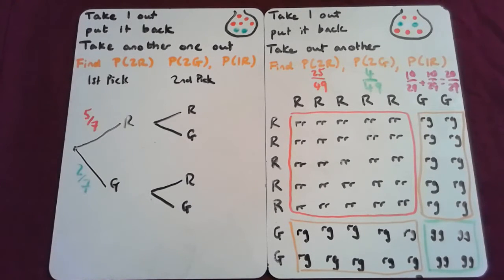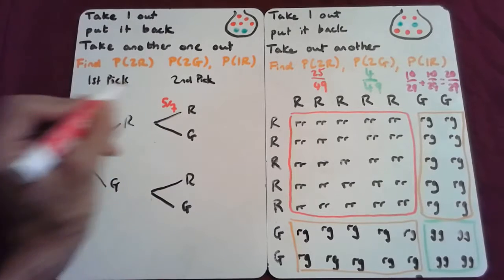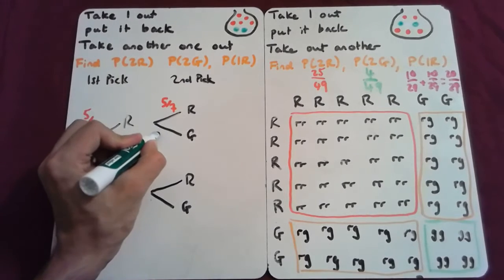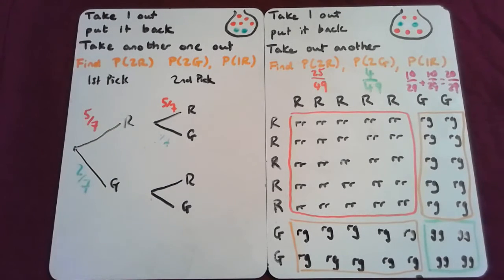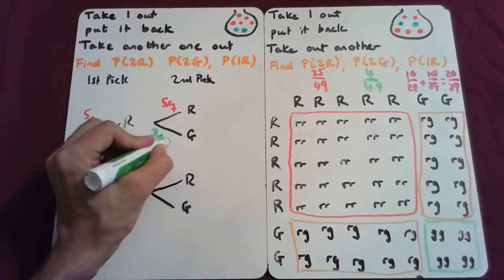Now we said the probability in this scenario of getting a red again is 5 out of 7, and for green it is 2 out of 7. So this probability over here, once again, is 2 out of 7.